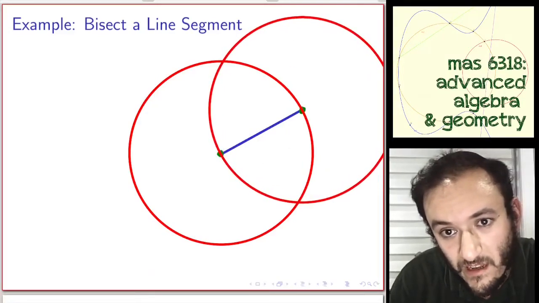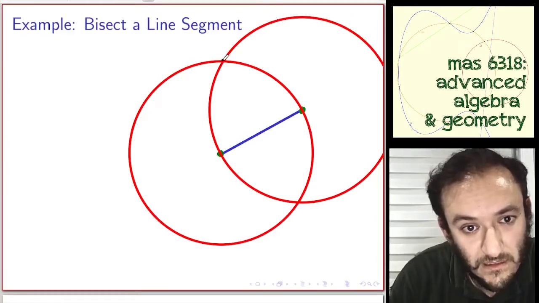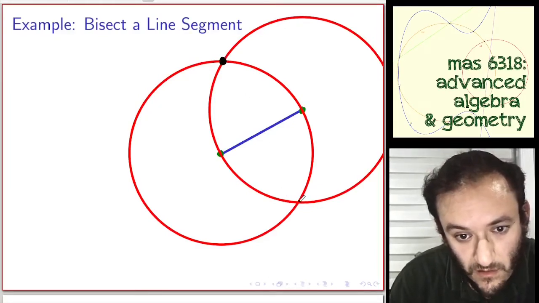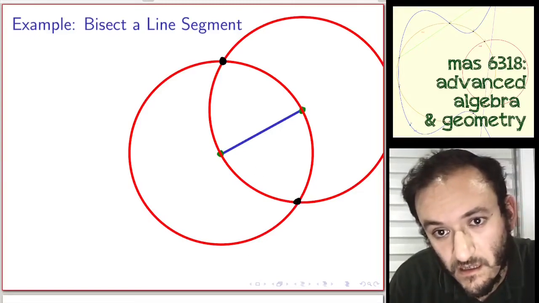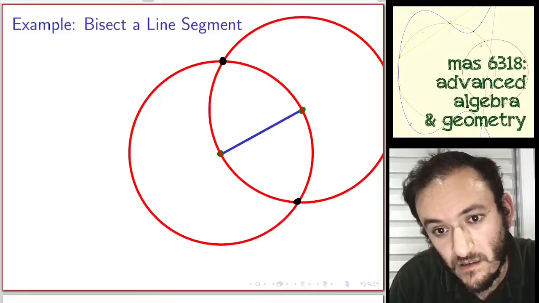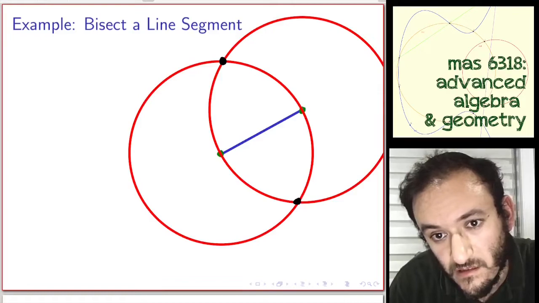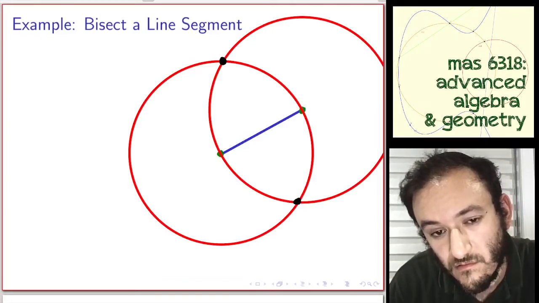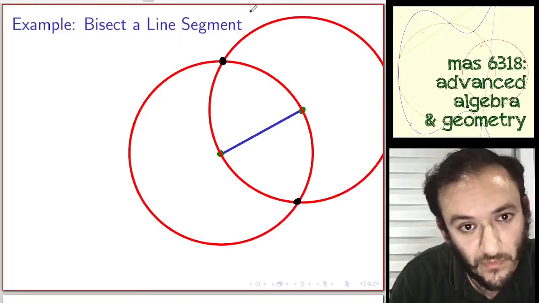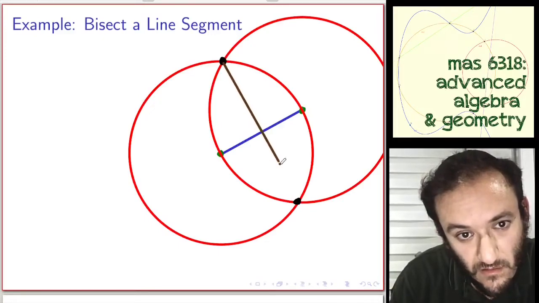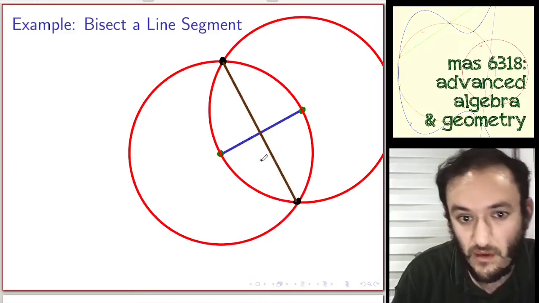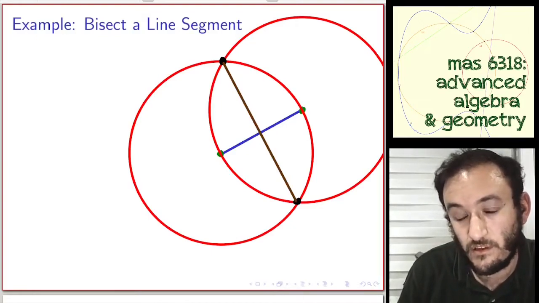And then the resulting points of intersection of these two circles give us a line which will bisect the line segment we constructed previously.